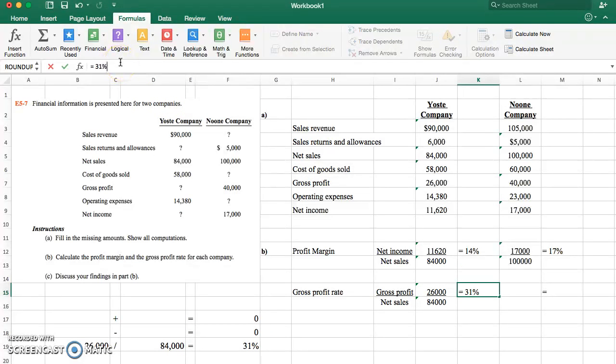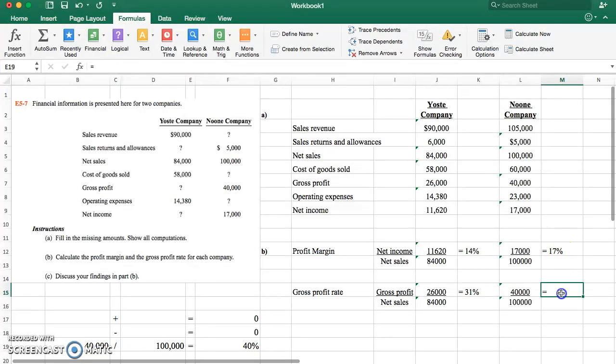And for Noon Company, their gross profits were $40,000, and again net sales were $100,000. We'll plug that into our formula down here, and we get 40%.